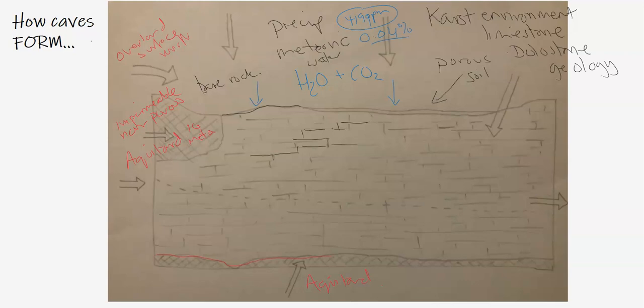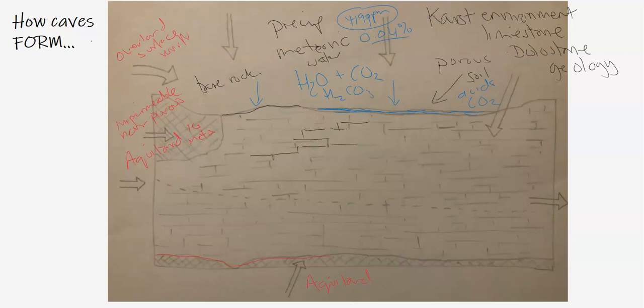Now, the soil is important because it includes humic substances, includes those acids, and includes a lot more CO2. So as the water infiltrates through this thin layer of soil, it's going to pick up more CO2 and become carbonic acid, which is H2CO3.